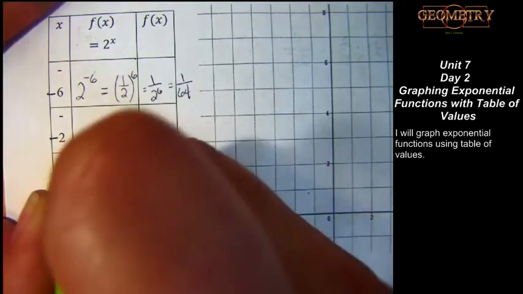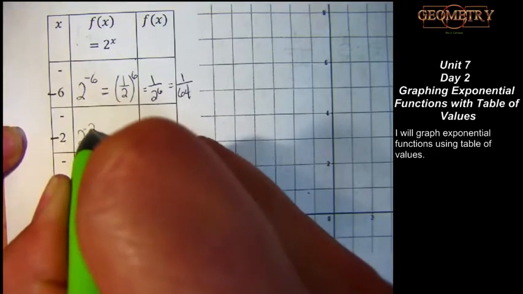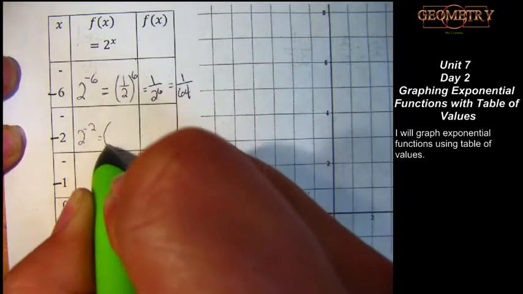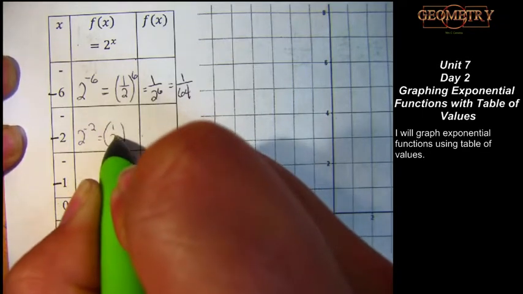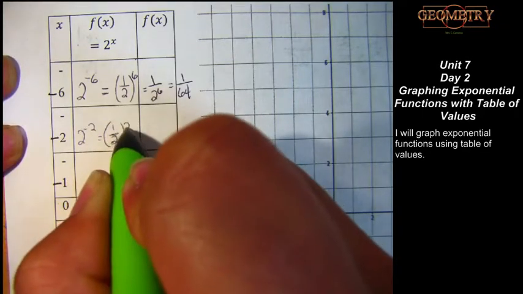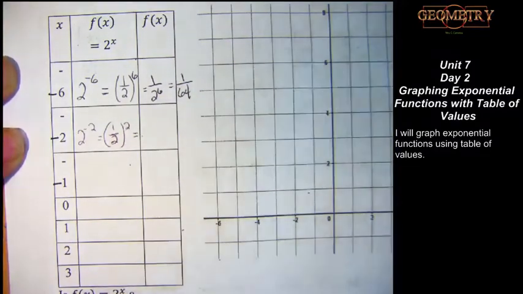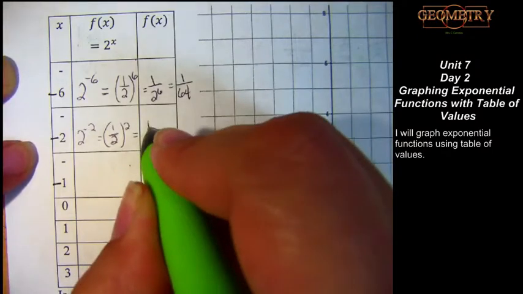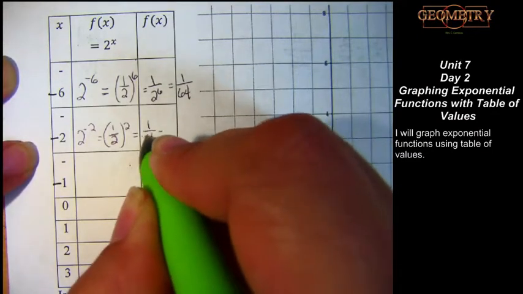Okay, we're going to do the same thing here. This is 2 to the negative 2. To get rid of that negative in the exponent, I'm going to take the reciprocal of the base. I'm going to apply the power back to the new reciprocal without the negative. I'm going to apply the power to numerator and denominator.